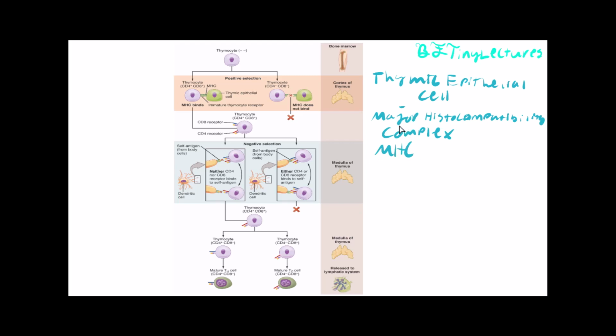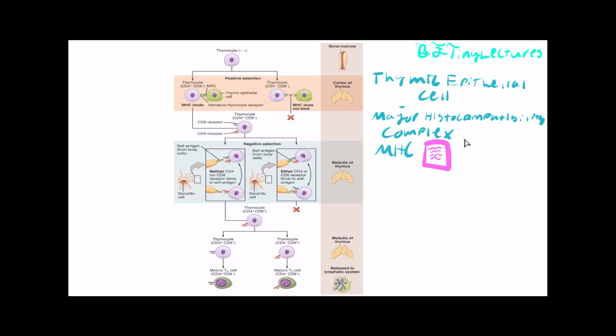So that is the major histocompatibility complex. The major histocompatibility complex is essentially just a piece of paper that has words on it. And these words say something like there's an E. coli infection or a mumps infection, or there's a worm inside the small intestine. And we got to make sure that the thymocyte is able to read it.